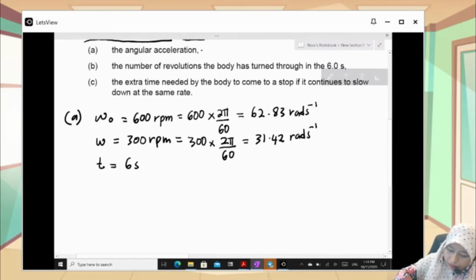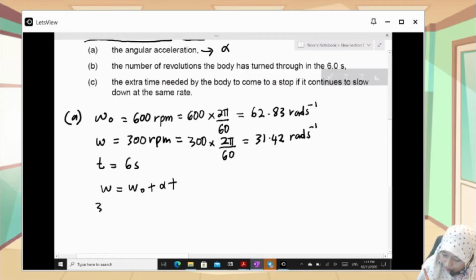So it asks for angular acceleration. Angular acceleration is alpha, so we can use Wu-an. Omega is 31.42. Omega naught is 62.83. And we want to find alpha. So t is 6 seconds. Therefore, we'll get our alpha.